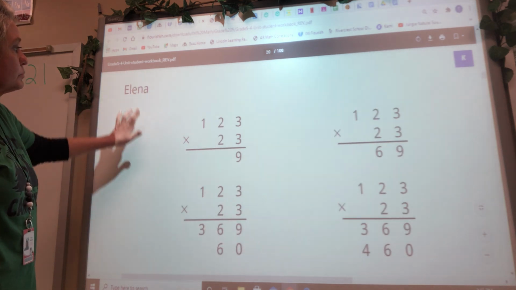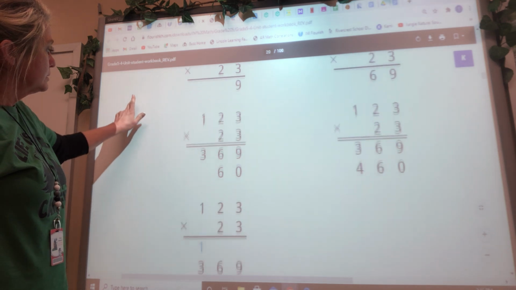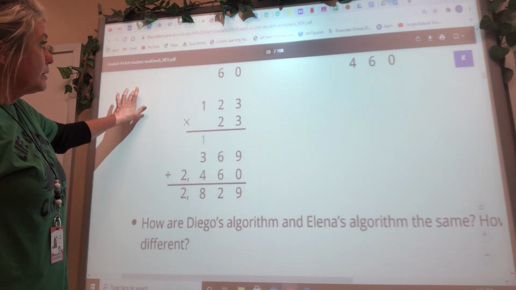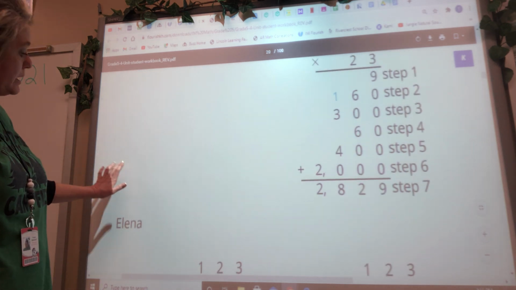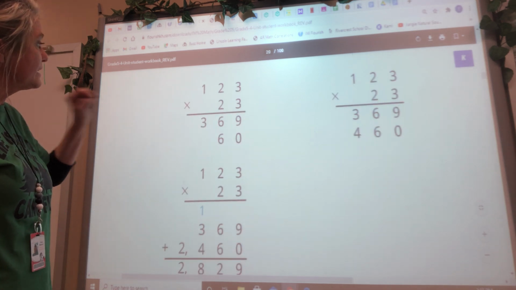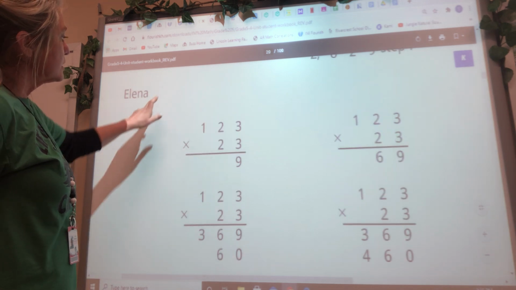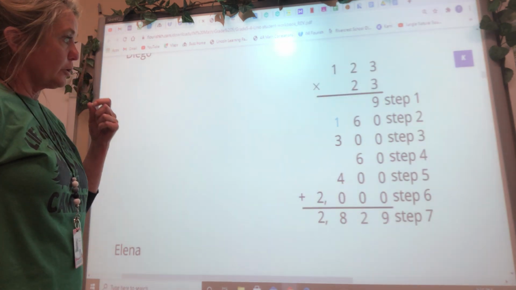On Elena's, she came up with a 9, and she came up with a 60, and she came up with her 300, but she had it all within the same grouping. So if you look, she has all the same numbers. They just went in a different order.